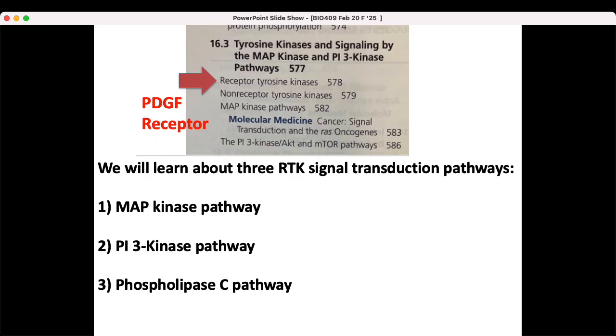And so we will learn about 3 receptor tyrosine kinase signal transduction pathways. 1, the RAS MAP kinase pathway. 2, the PI3 kinase pathway. And 3, the phospholipase C pathway. The first 2 are in your book, the third one is not, okay?